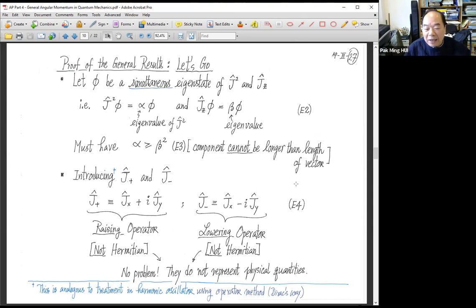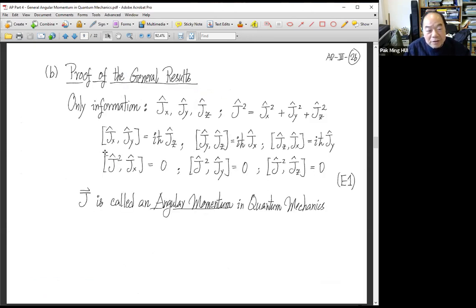But you have seen that in oscillator physics one time. It's a very similar mathematical trait. So here we start off with, let's say we do have a simultaneous eigenstate of J square and JZ. We are confident about this because J square commutes with any component, but the components do not commute.